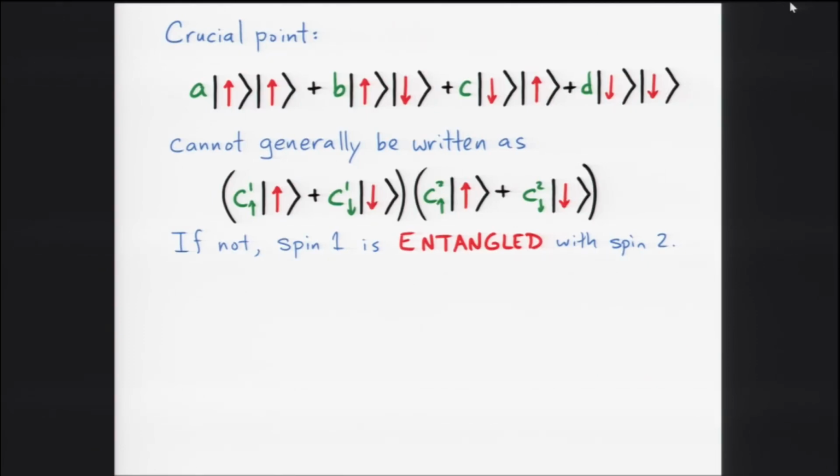It's just impossible to give a description like that. Okay, there are states like that, but most of the states do not have a description like that. And for most of these states where you can't write it like that, we would say that spin 1 is entangled with spin 2.